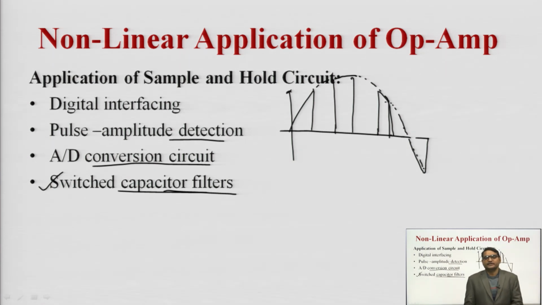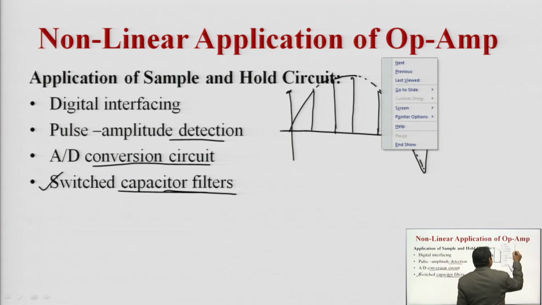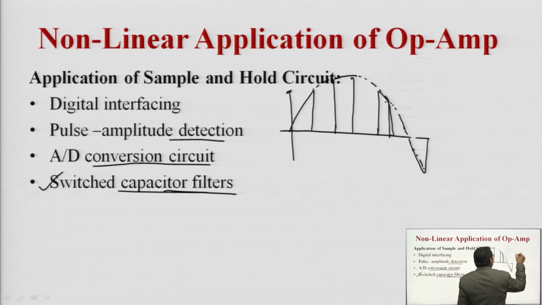In the next lecture, we will discuss one important non-linear application of the operational amplifier, that one is the precision rectifier. Okay. And sometimes it is also called the super diode, because a simple or conventional rectifier gives a firing angle of some value theta, due to the knee potential of silicon and germanium material during the fabrication of the diode.